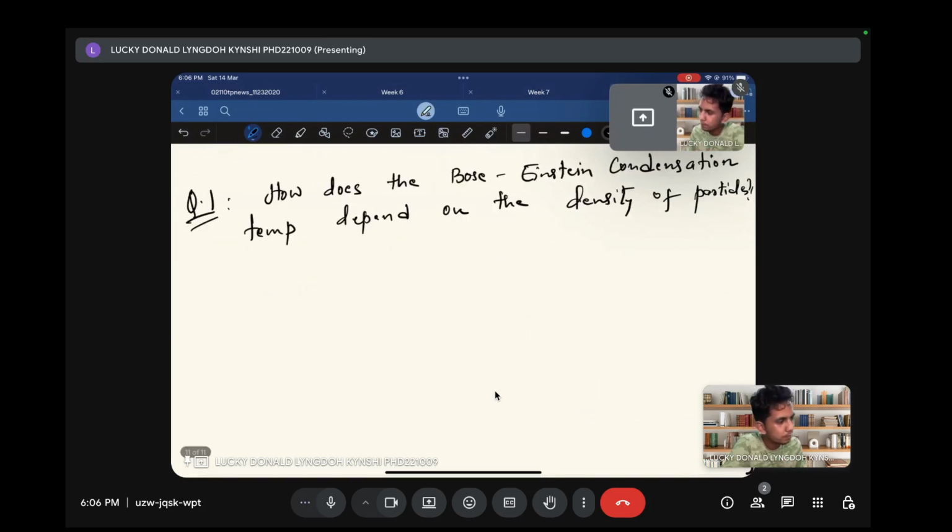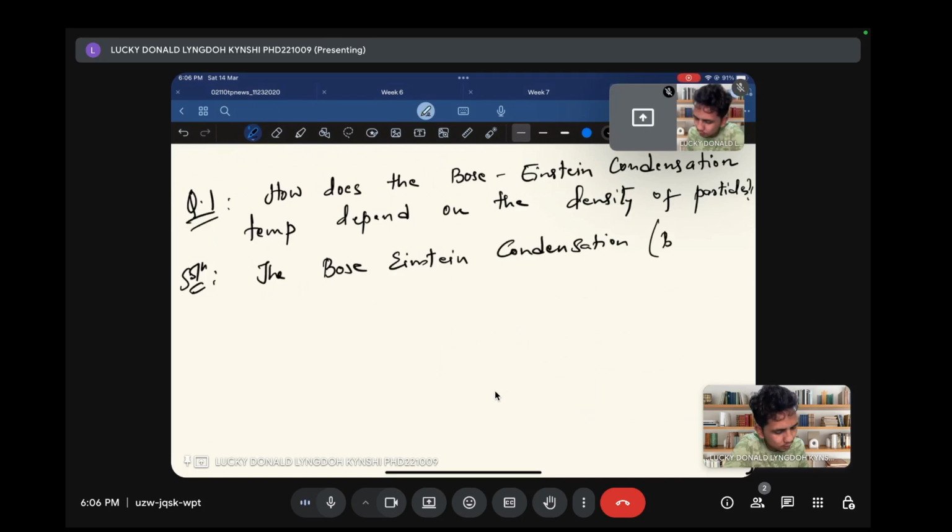So let me just write the definition of Bose-Einstein condensation. The Bose-Einstein condensation, you call it BEC, temperature.